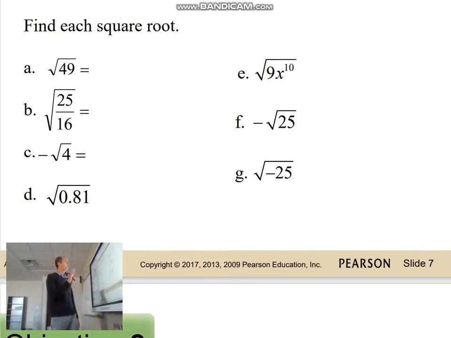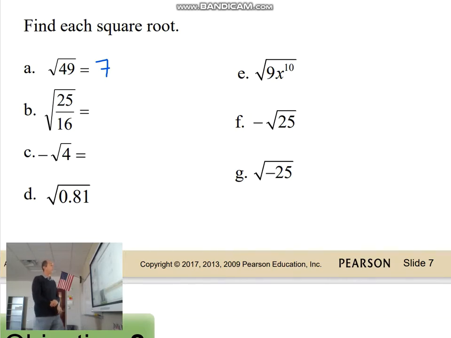Find each square root, and now it is the principal, the positive or non-negative square root. Square root of 49, 49 is 7 times 7, right? That means square root of 49 is 7.